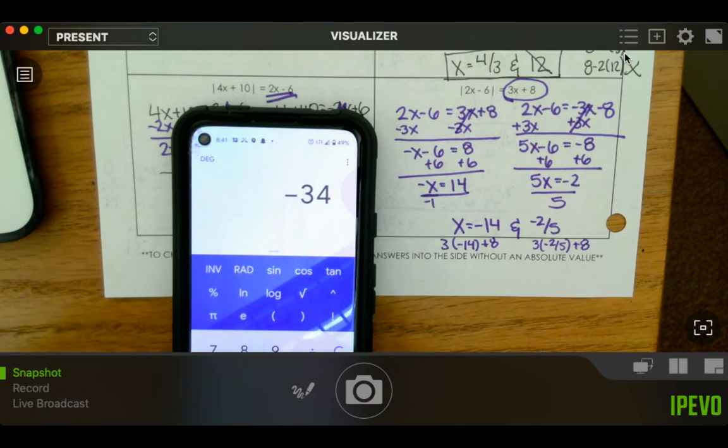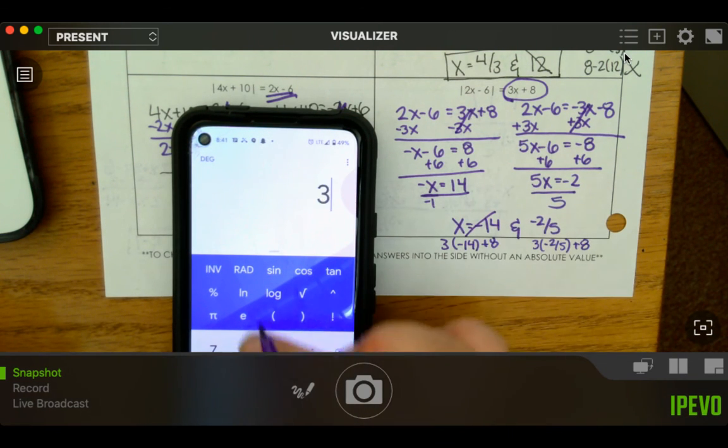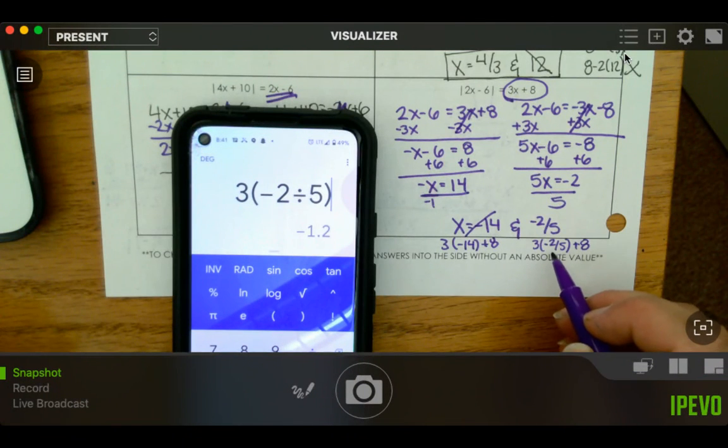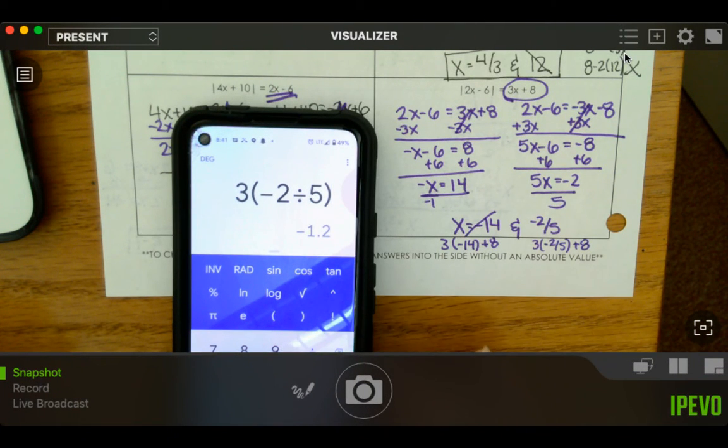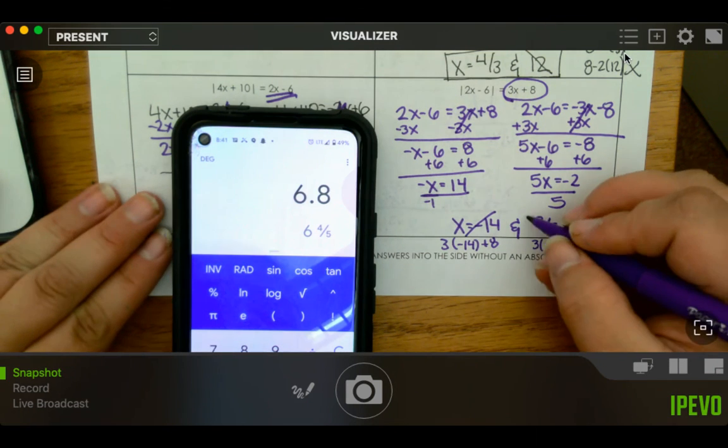That's a negative, guys. Nah. 3 times -2/5, or -2 divided by 5, plus 8, positive. So that one is fine.